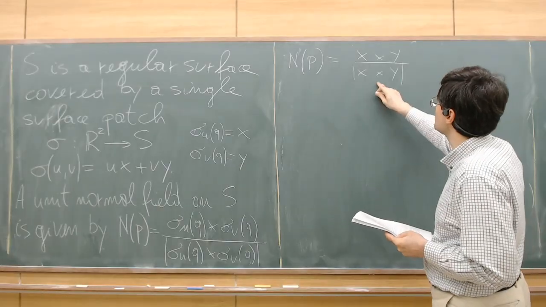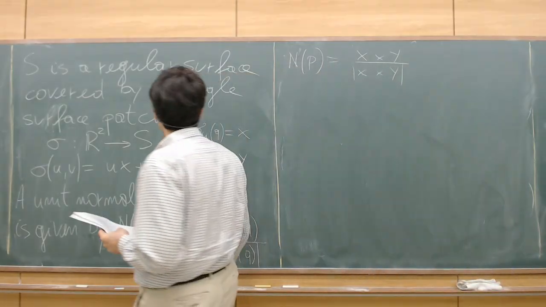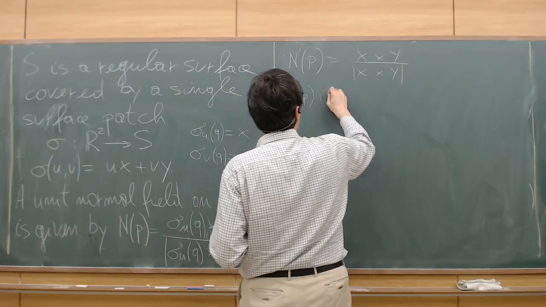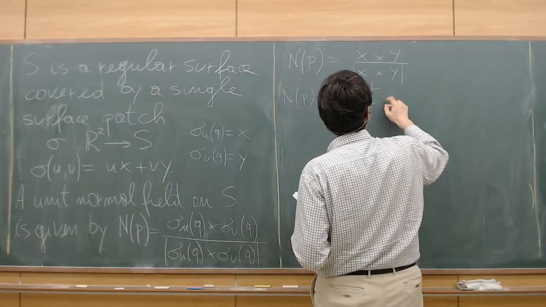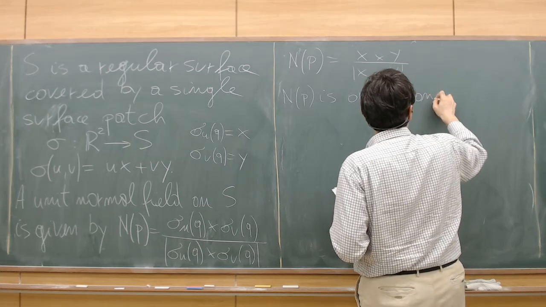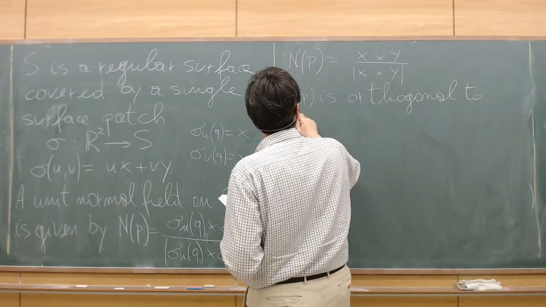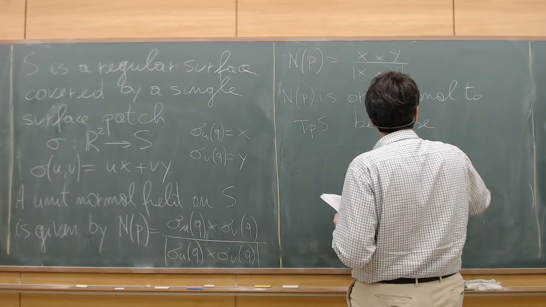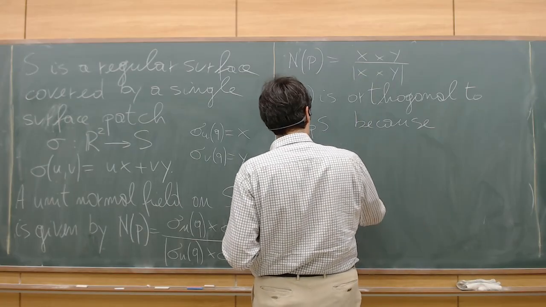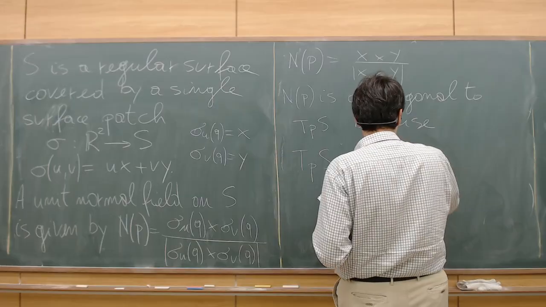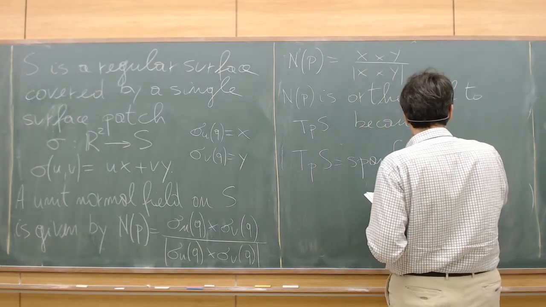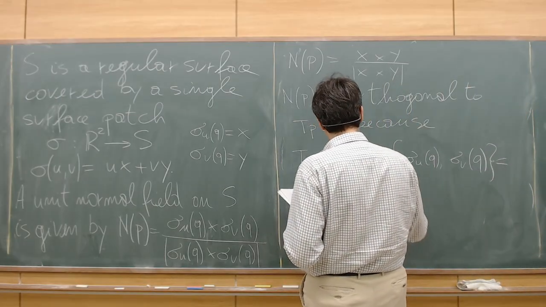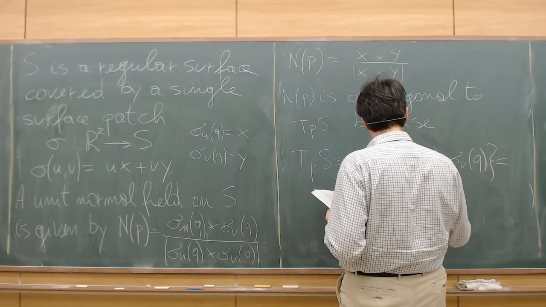And the reason why n of p is orthogonal to TpS is that TpS is the span of sigma u at q and sigma v at q, that is the span of x and y.